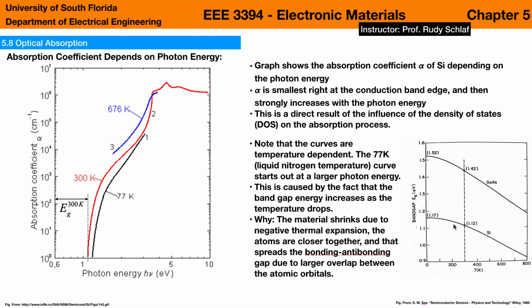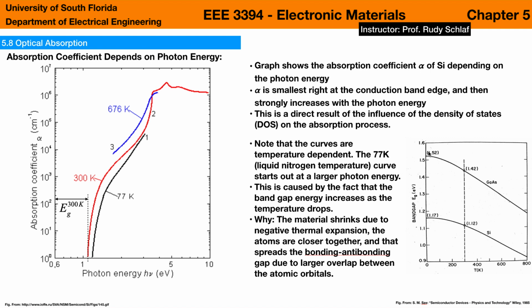This is shown here on this graph, which plots the band gap versus the temperature for silicon and gallium arsenide. And the dashed line here, that's the room temperature, 300 Kelvin. And so you see that at lower temperatures, the band gap of silicon goes from 1.12 to 1.17. And that must be this here, 1.17.